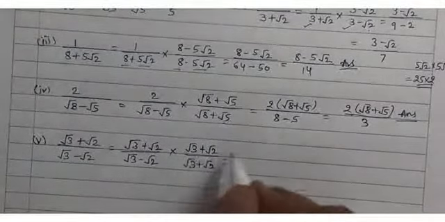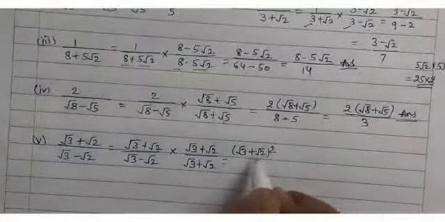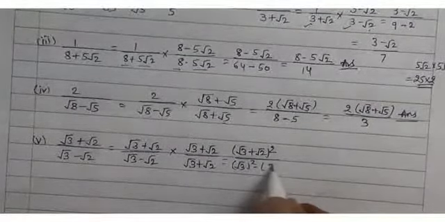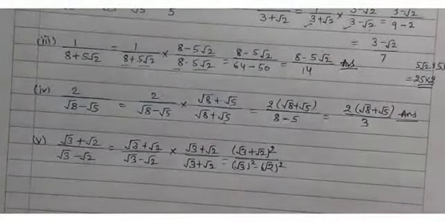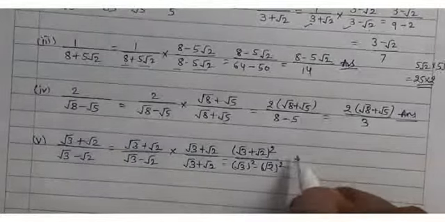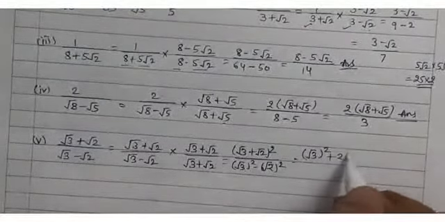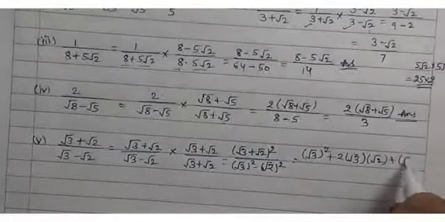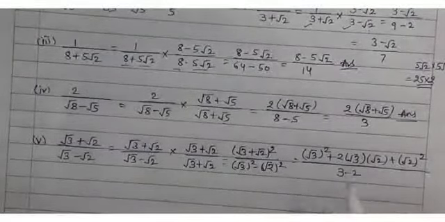This is (a plus b)(a minus b), and in numerator a plus b whole square, and this is a square minus b square. This a plus b whole square means a square plus 2ab plus b square, and this is 3 minus 2.